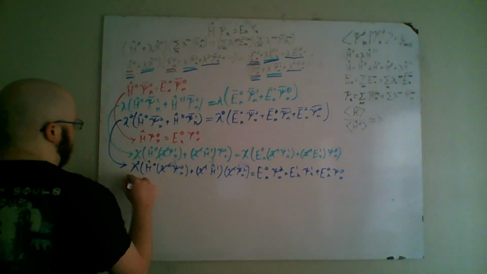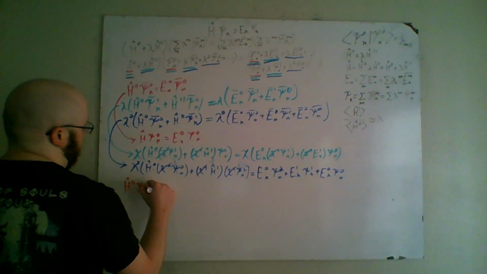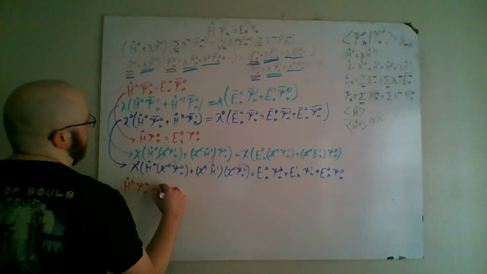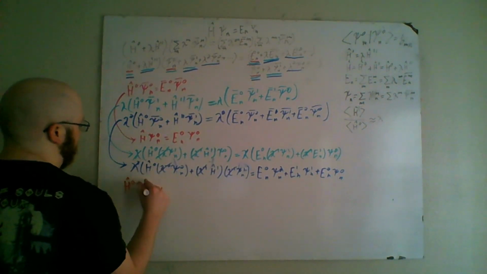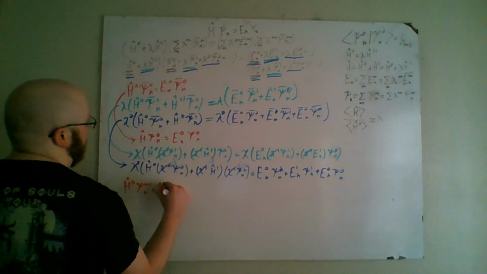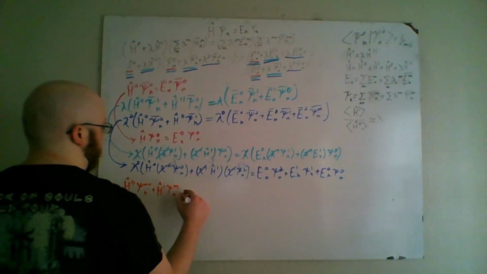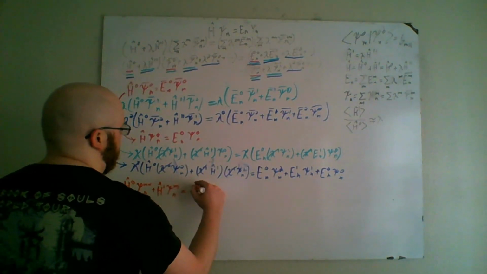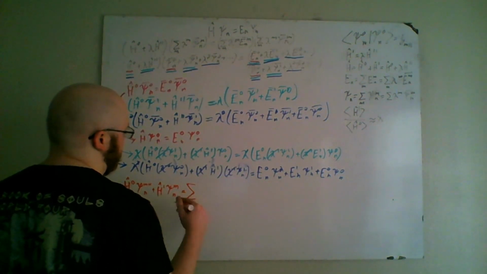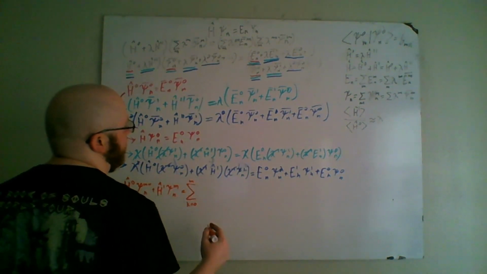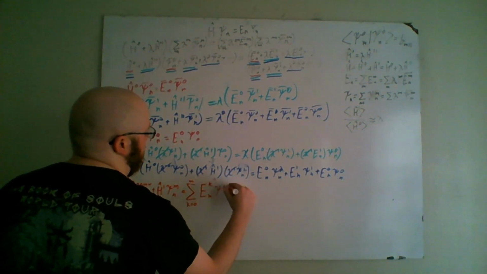So H0 hat psi n plus, I should make this m plus 1, so this is psi m plus 1, h prime psi n, equals, and now we're going to do this sum from, well, I is not a good iterator, so let's do k equals 0 to m of E k n psi n minus k n.